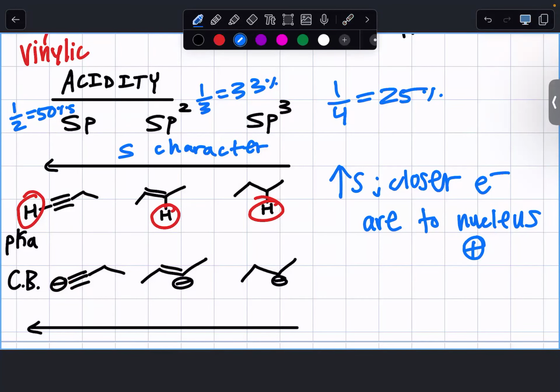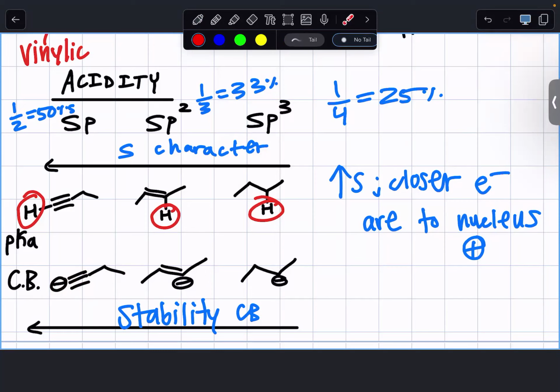Right. So the stability of the conjugate base increases from right to left, where the most stable conjugate base is this alkyne anion here, which makes this a weak or strong conjugate base if it's stable? Is it going to be, yeah, weak?